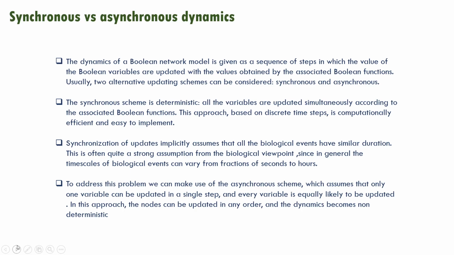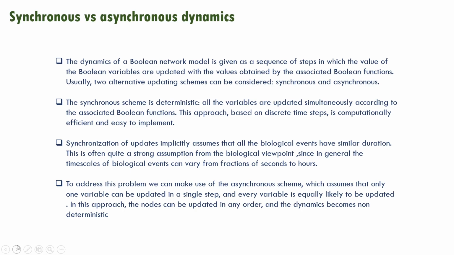To address the problem, we can make use of the asynchronous scheme, which assumes that only one variable can be updated in a single step, and every variable is equally likely to be updated. In this approach, the nodes can be updated in any order, and the dynamics becomes non-deterministic.